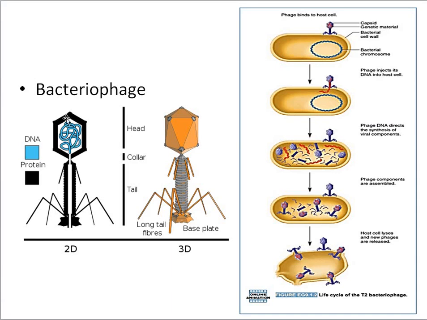This is the structure of the bacteriophage, two-dimensional and three-dimensional. It has an icosahedral head, then it has a tail, a collar and spikes to infect the bacterial cell. Now in this bacteriophage, there is a protein coat and DNA.